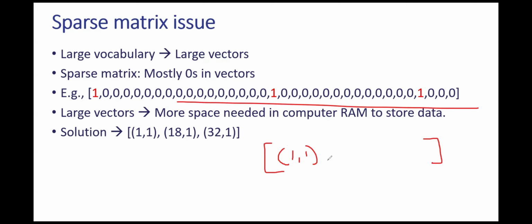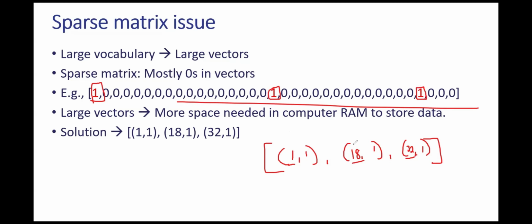1, 1, 18 is a 1, and 32 has a 1. So this corresponds to the index in our list. So this maybe, for example, if this is like index, well, I guess this would be 0, but it's fine. We can just say that this is the first position, this is the 18th position, this is the 32nd position in our list.